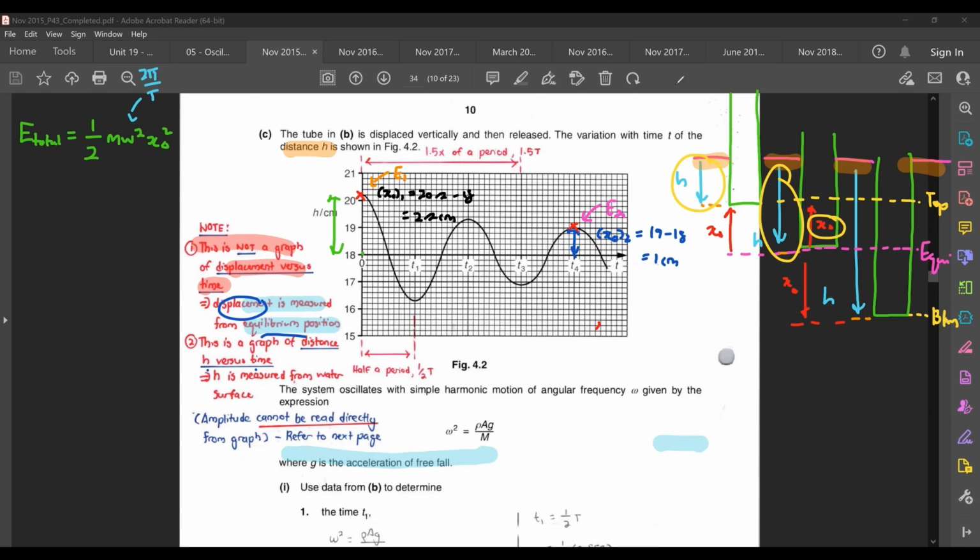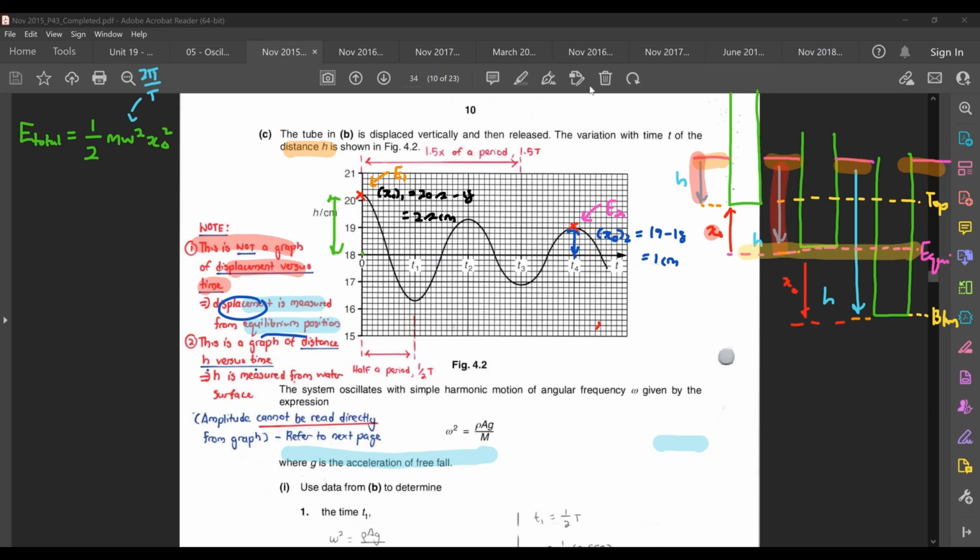Okay, maybe it's better if I show it as here. If you want to get your amplitude position, you take the difference between these two heights. And then if you want to get another different amplitude position, let's just say the bottom amplitude position, which again should be measured from your equilibrium, you again will take the difference in the heights.